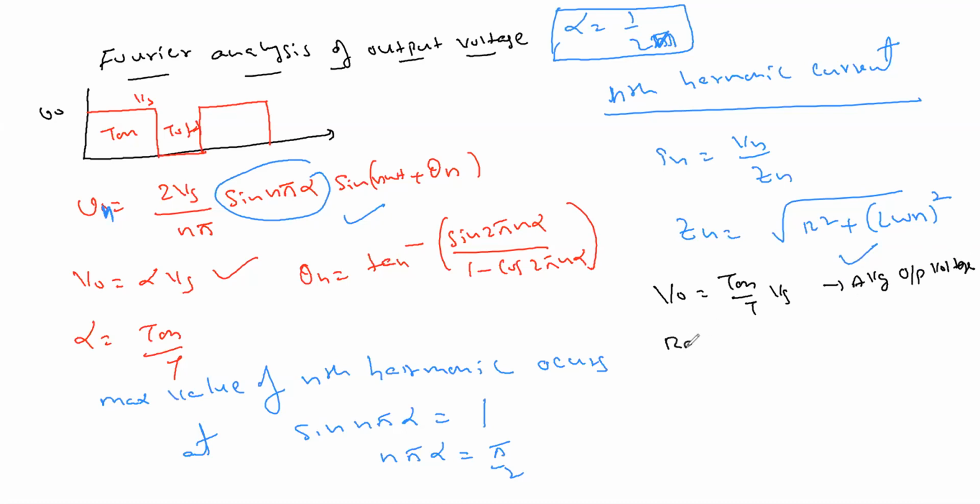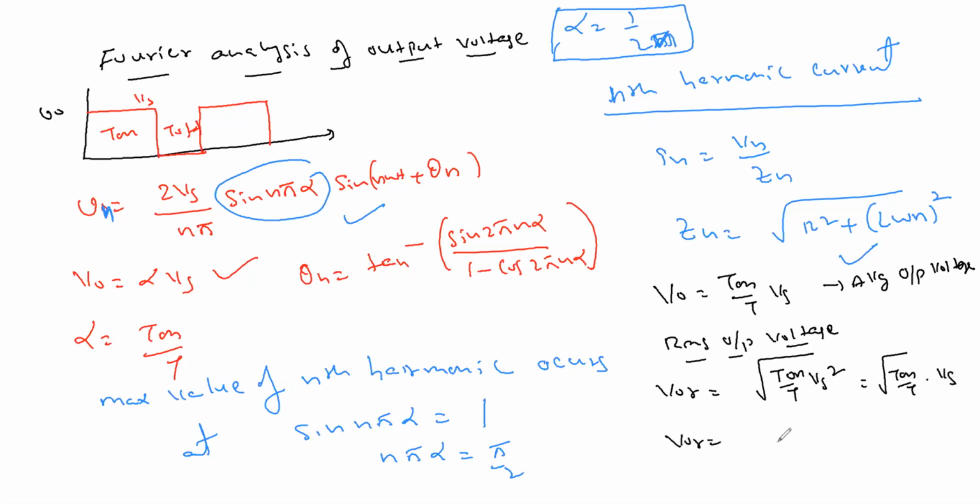And RMS output voltage, V naught R. Same thing, 1 by under root here now, T on by T, Vs square. This becomes root of T on upon T into Vs. How much is T on by T? That is alpha. So this is what the RMS output voltage is.